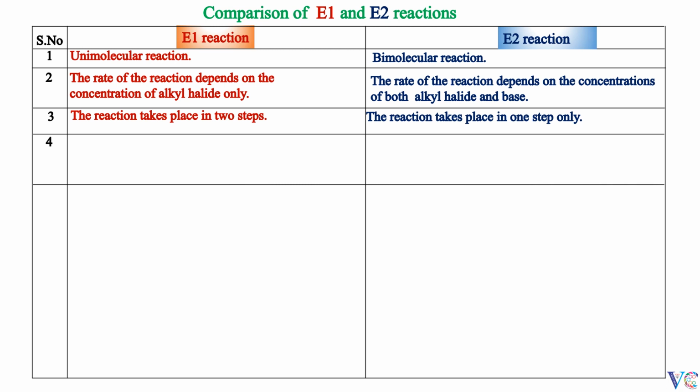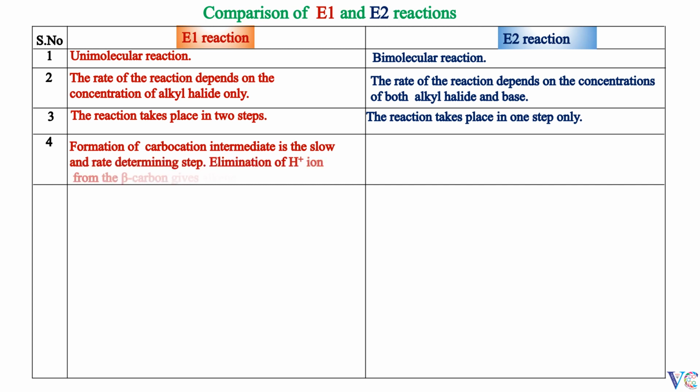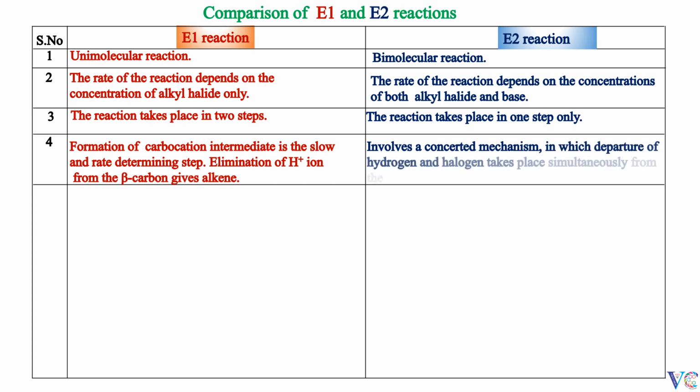In E1 reaction, formation of carbocation intermediate is the slow and rate-determining step. Elimination of H+ ion from the beta carbon gives alkene. E2 reaction involves a concerted mechanism in which departure of hydrogen and halogen takes place simultaneously from the adjacent carbons to yield alkene.